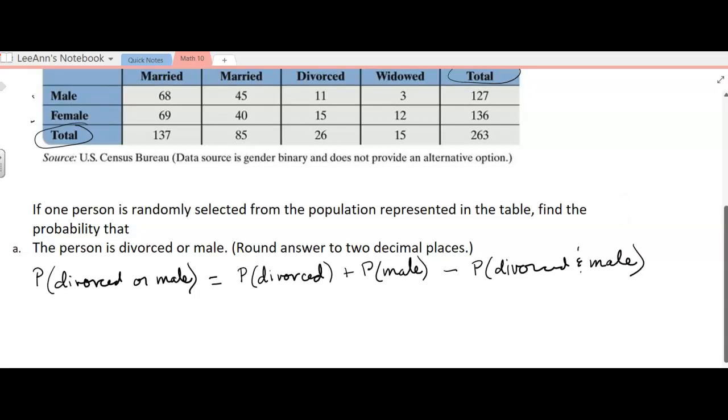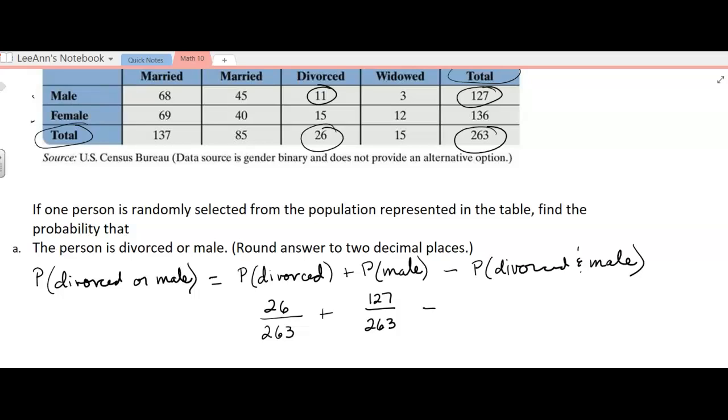Well, how many people total were divorced? 26 million out of the total that we have, 263 million, plus the probability of male. So how many males were there? A total of 127 out of the 263 total. And then we have to subtract the divorced males. That's 11 million right there.